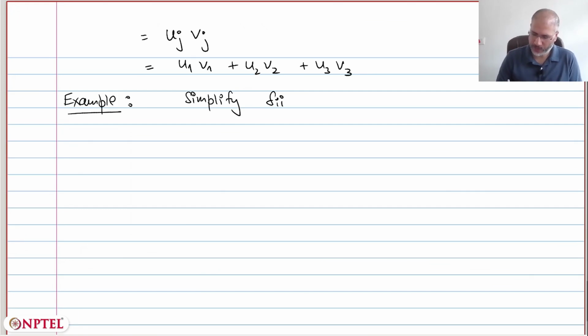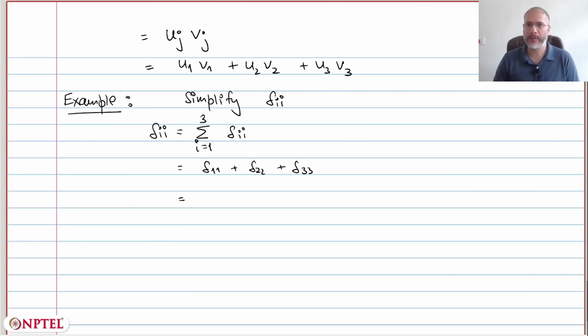So we apply the summation convention. So this is actually equal to sum i going from 1 to 3 delta ii, which expands to delta 11 plus delta 22 plus delta 33.